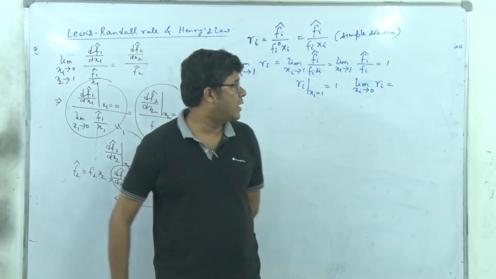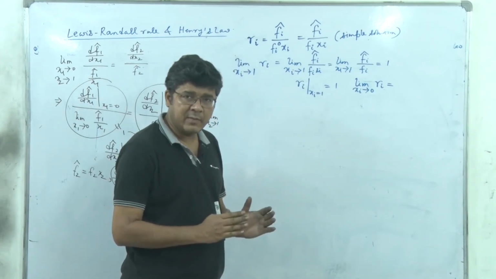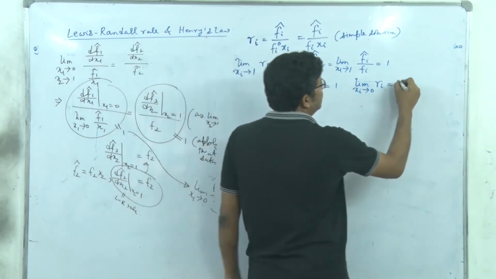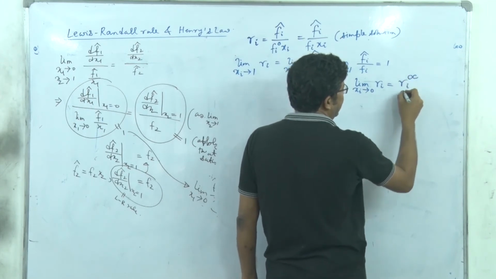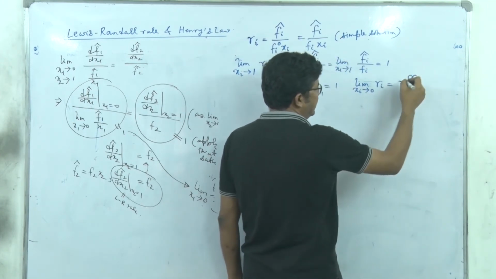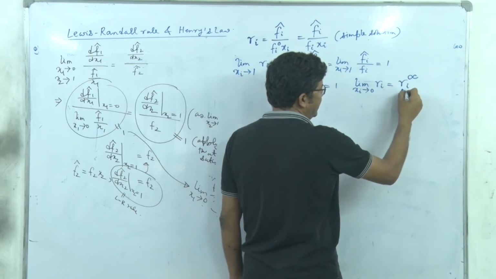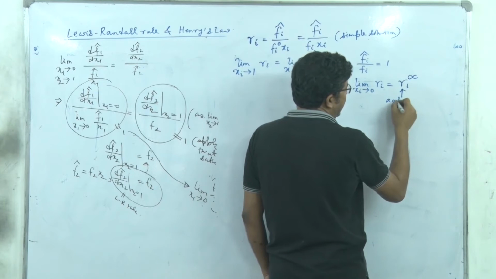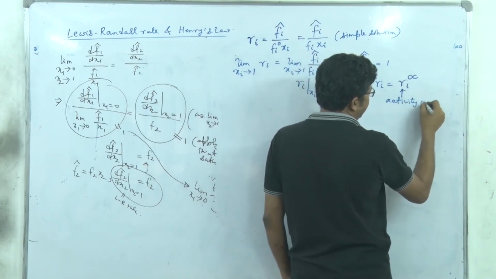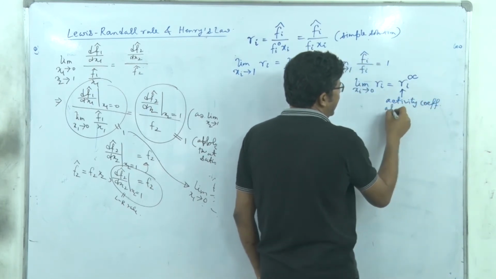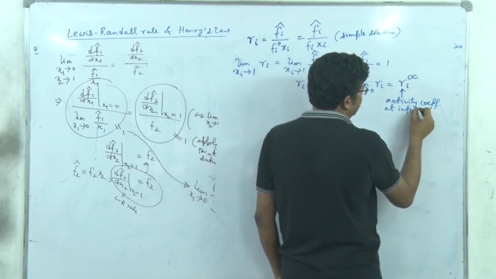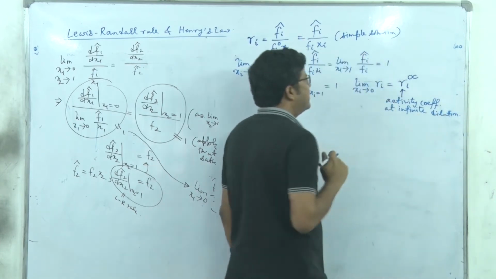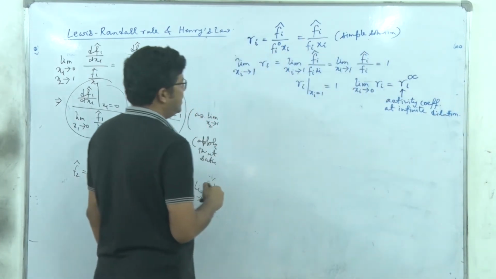So gamma i will also approach some characteristic value, which we represent symbolically as gamma i superscript infinity, the activity coefficient at infinite dilution.